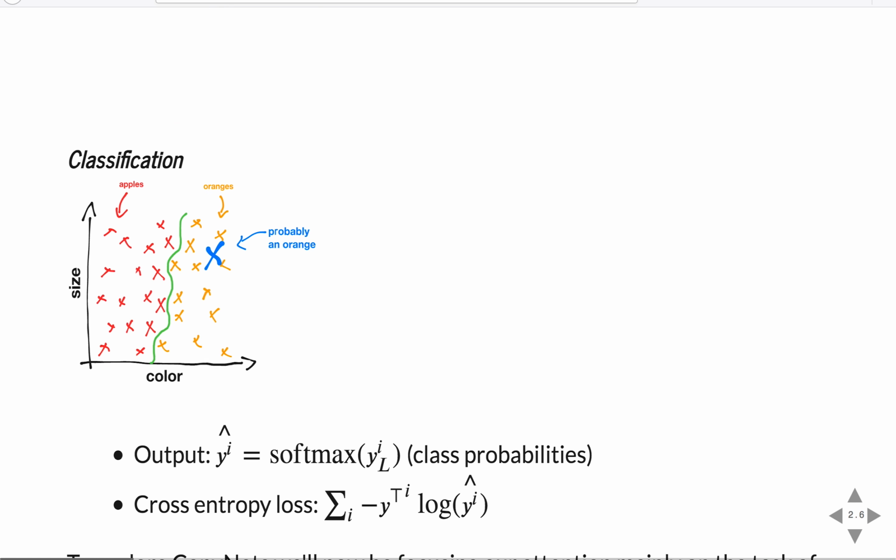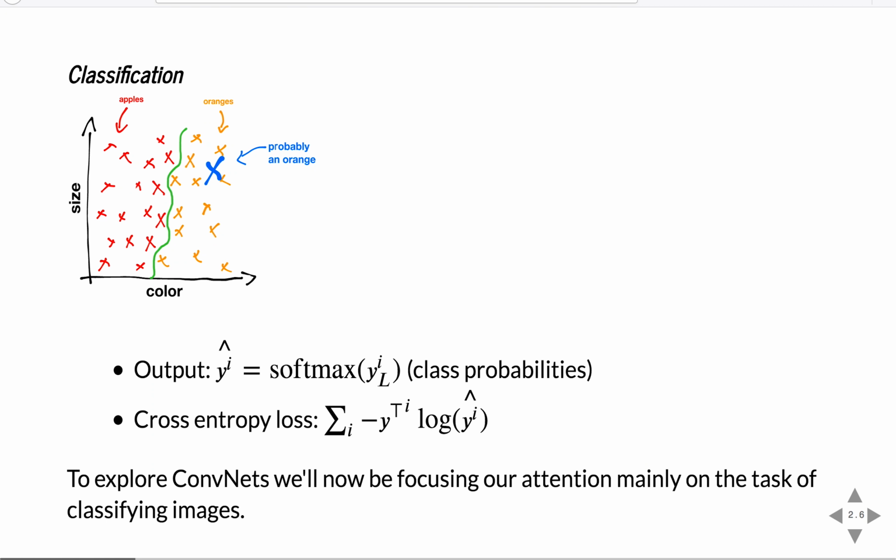Okay. So quickly, I'm not going to talk about regression. To explore conv-nets, we'll focus mainly on the task of image classification. So briefly remind yourselves that for classification, you take the output layer, let's say this is the last layer of an MLP, and you treat these outputs as class scores.